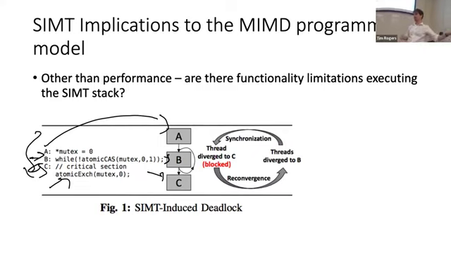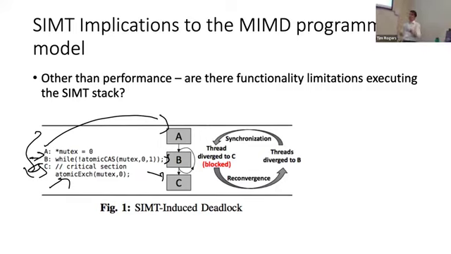So if you wanted to do locks before Volta in GPUs, you had to write your own nasty thing with a bunch of macros to force the compiler to arrange the control flow graph not like this, so that it wouldn't deadlock. Okay. Does everyone understand the problem here?